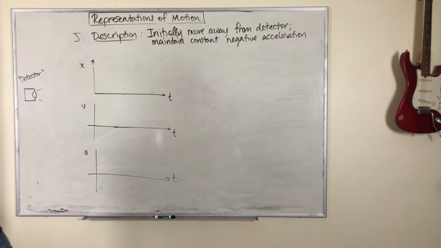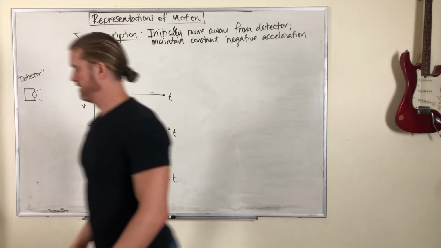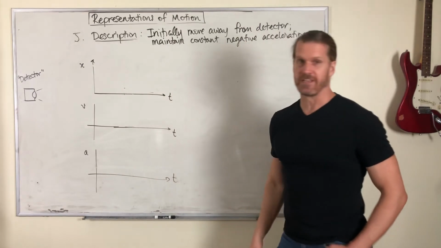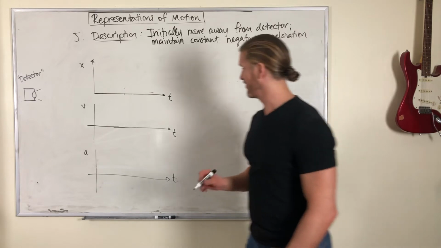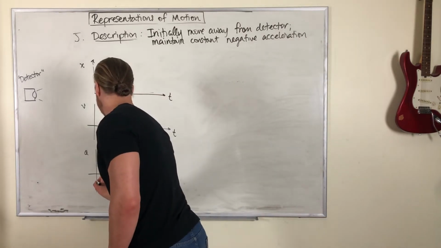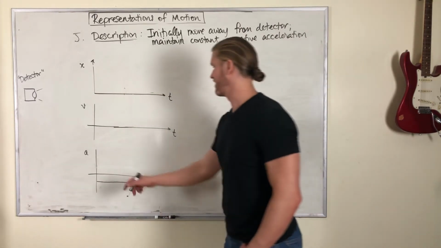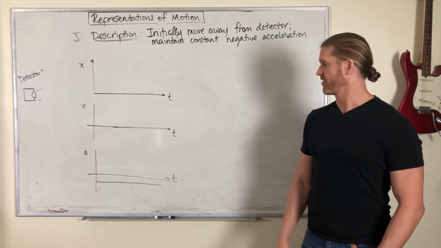Well, I think the easiest graph to draw here would be the acceleration graph. It tells you it's a constant negative value, so all we have to do for acceleration is draw a negative horizontal line there.